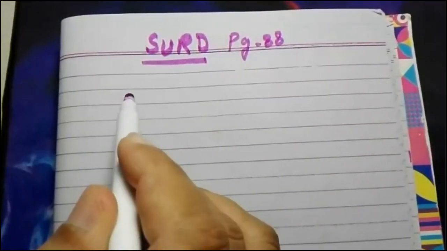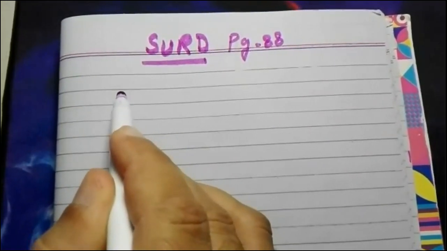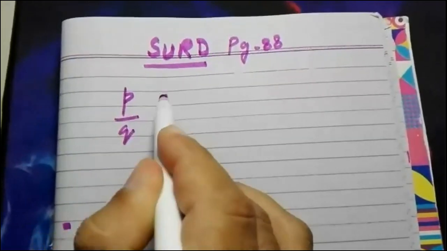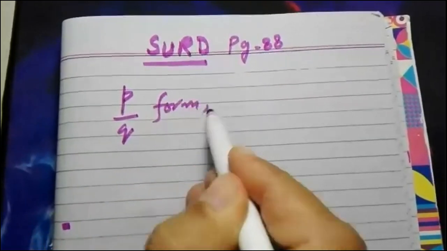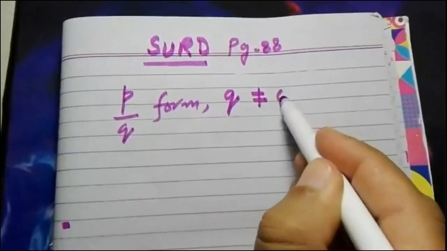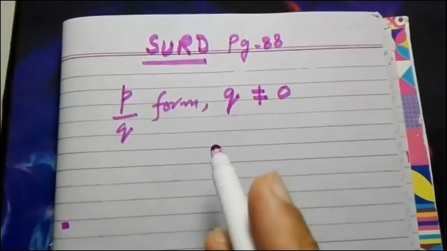One was about rational numbers, and rational numbers are all such numbers which are written in P over Q form, where Q should not be zero.